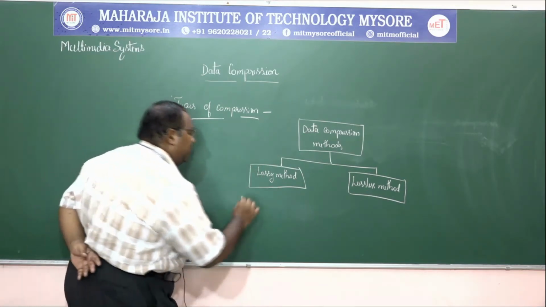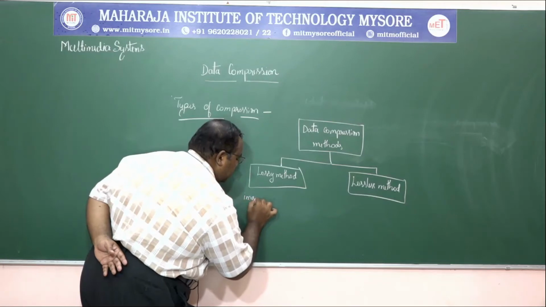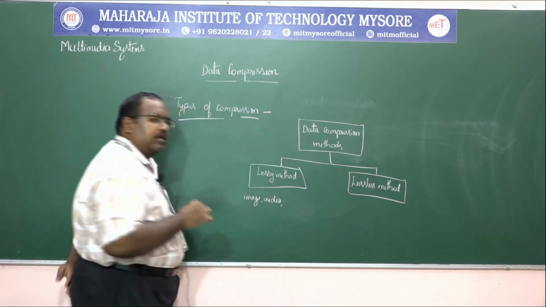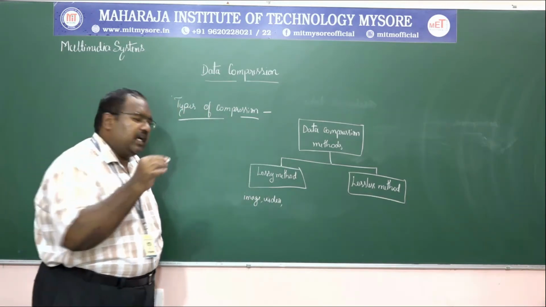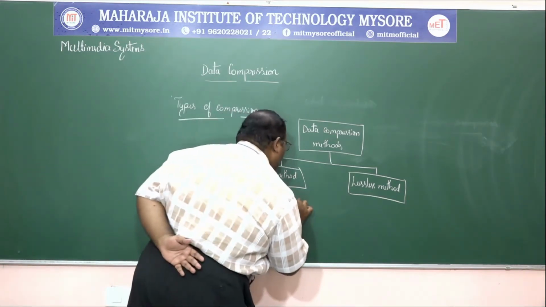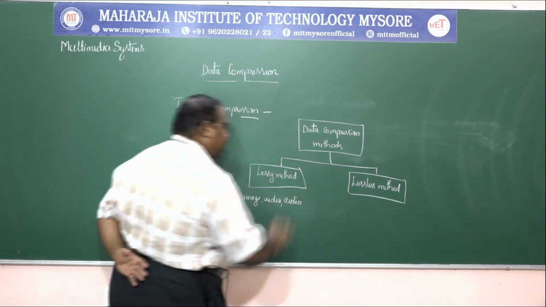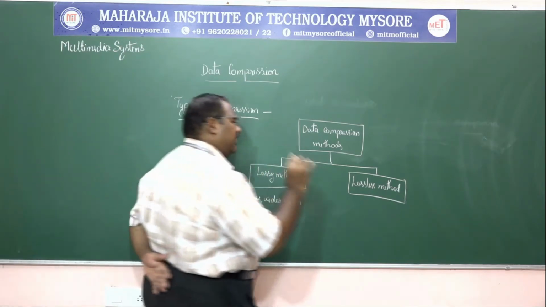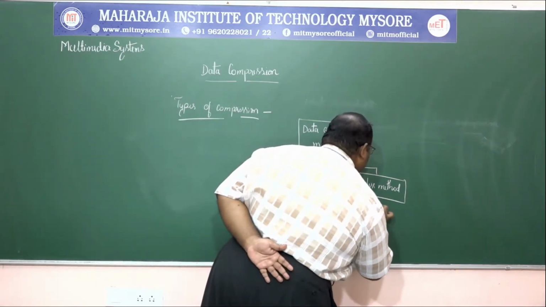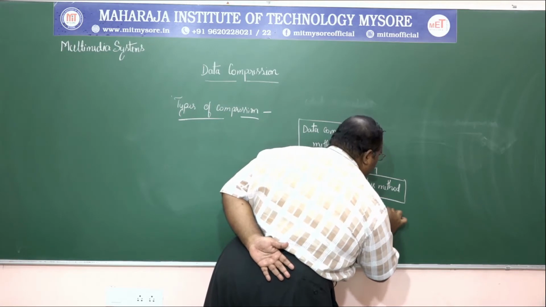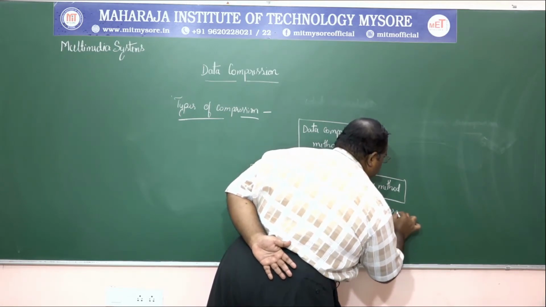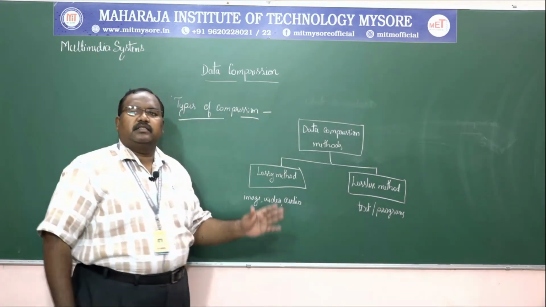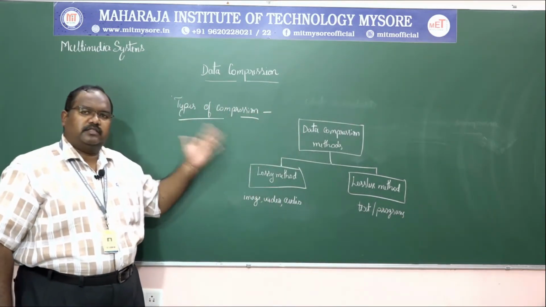It might be image, video, data, and also to some extent audio. Whereas in the lossless method, mainly it comes under two things. What are those? Text or programs. Now these are the two categories. Let us go with the lossy and lossless methods.